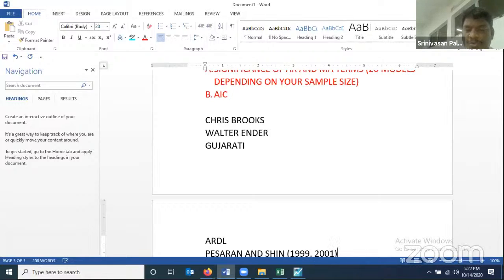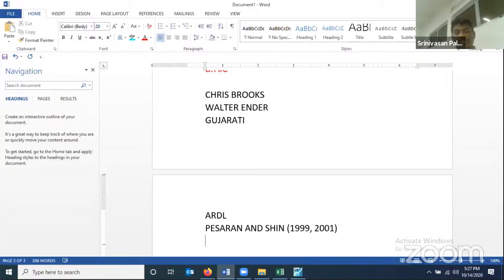Madam asked me this question, so I'm suggesting that. So the advancement in time series analysis is published in articles as research papers instead of in book versions. But for time series analysis, I can say Chris Brooks, Walter Enders, and Gujarati.